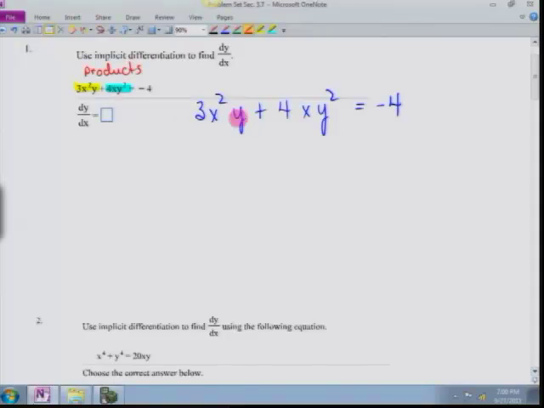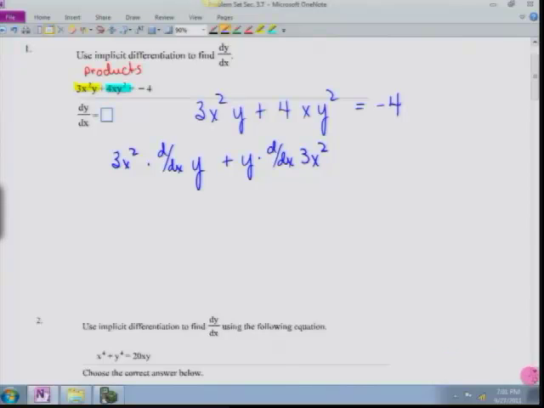Okay, so if we're going to write this, this is a product. So we would have 3x squared times d dx of y plus y times the derivative of 3x squared.